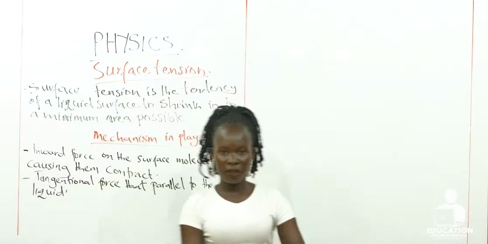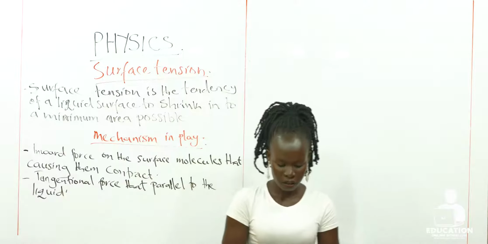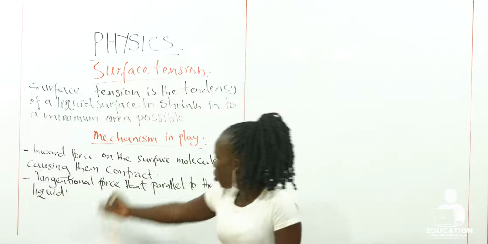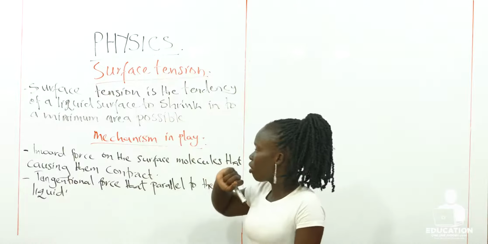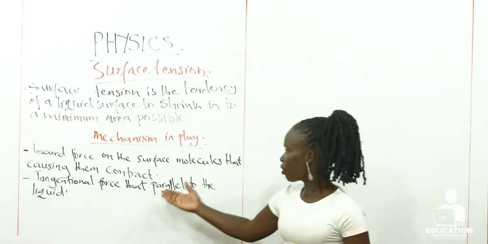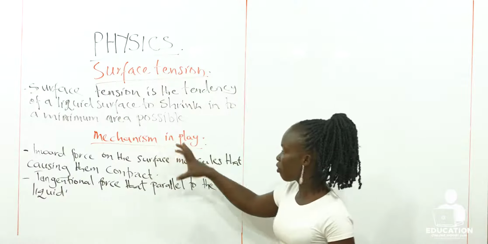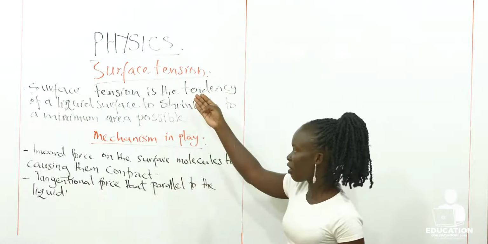Now, if we know that those are the two mechanisms, how do these mechanisms bring about surface tension? We are going to see that in the causes. If you combine these two, it will give you the surface tension.